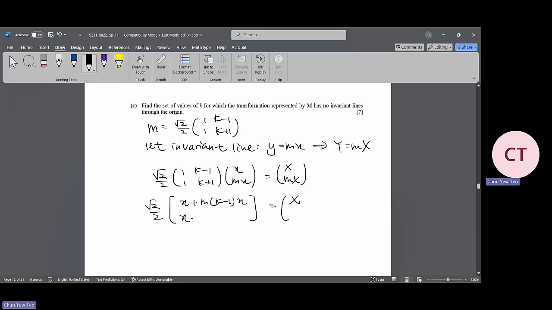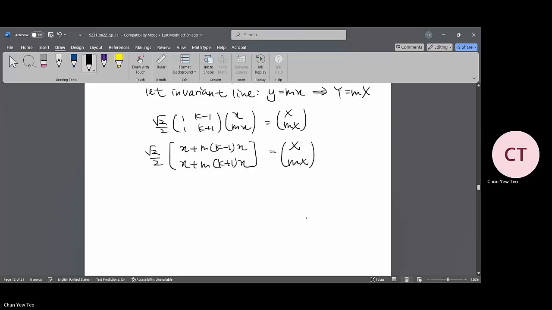This one is x plus m(K plus 1)x. So by comparison, you have root 2 over 2 of (1 plus m(K minus 1))x is equal to x. That will be my first equation. And root 2 over 2 of (1 plus m(K plus 1))x is equal to mx. That is the second equation.